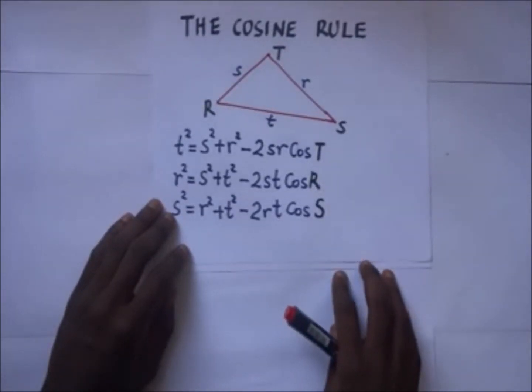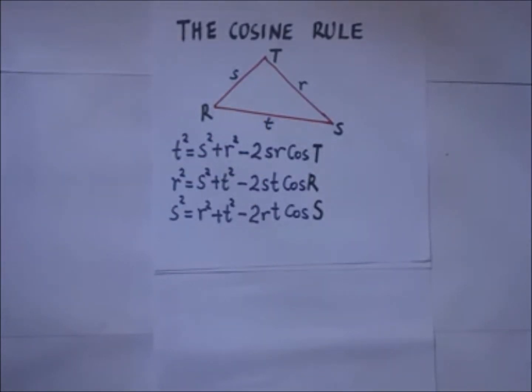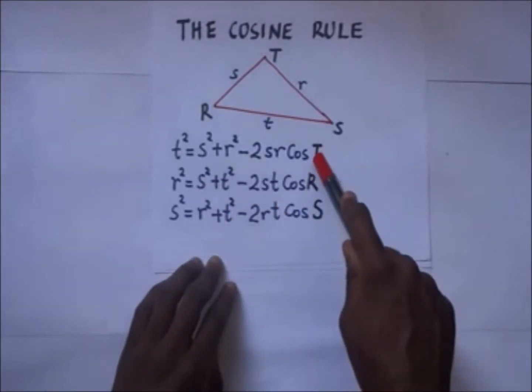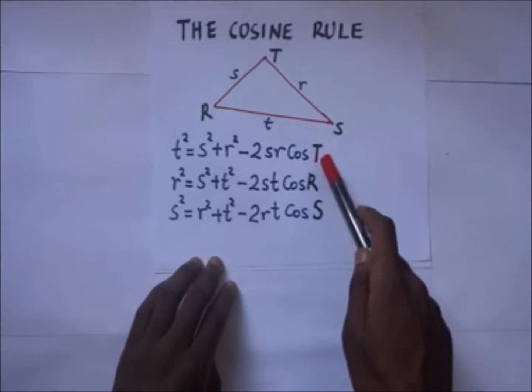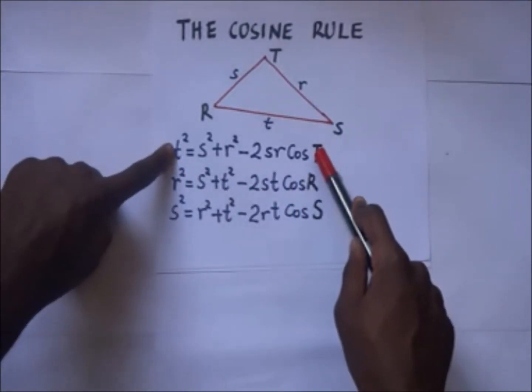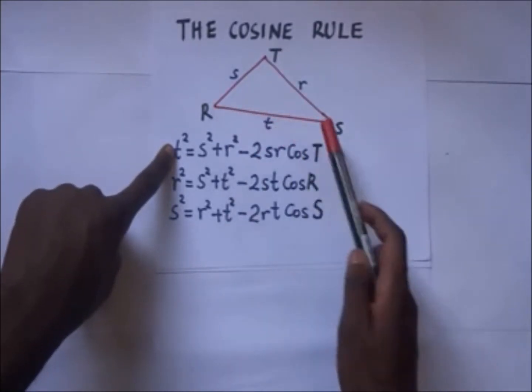When using the cosine rule, it is important that you identify within the question which side is opposite the angle, because that is the one it is advisable you begin with. If you look at this, the angle only appears once, the capital T, and this angle T is opposite the length, the small t.